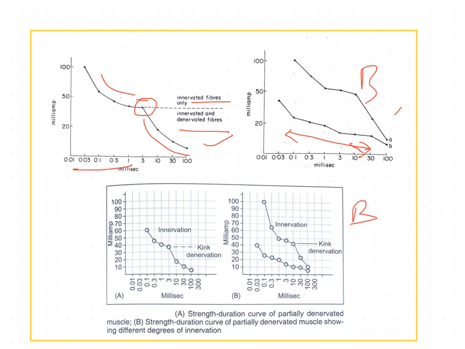So this is all about partial innervation. These are the different types of strength duration curves which are obtained in different conditions.